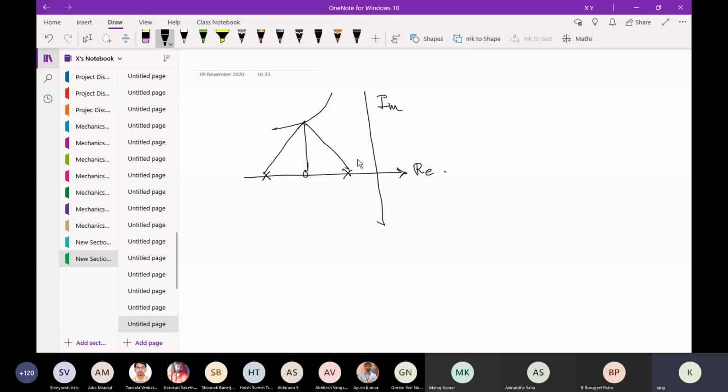So what do these lines represent? This is my point s.